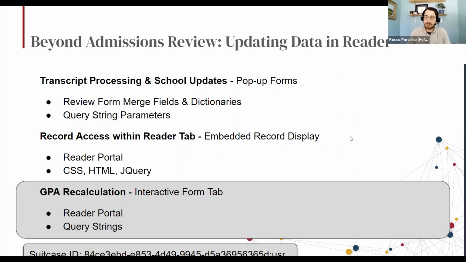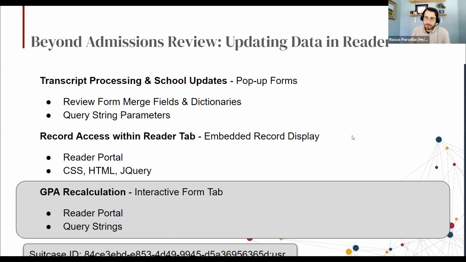But what if the GPA recalculation is not inherent to the reader review process? You don't necessarily need or want your reviewers to have a registered log of that GPA recalculation, but you need GPAs to be recalculated maybe for scholarship purposes or for some type of affinity groups or something along those lines. You still want the GPAs recalculated, but not stored as an inherent part of the review process.